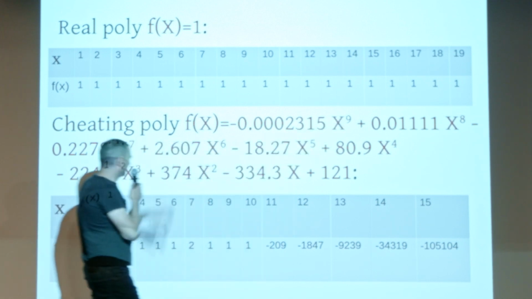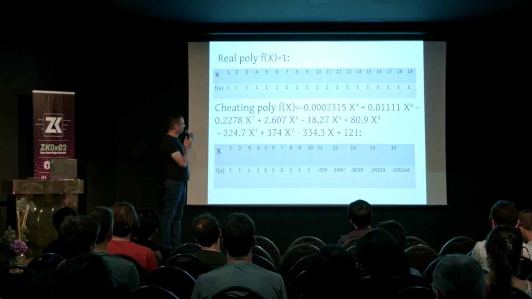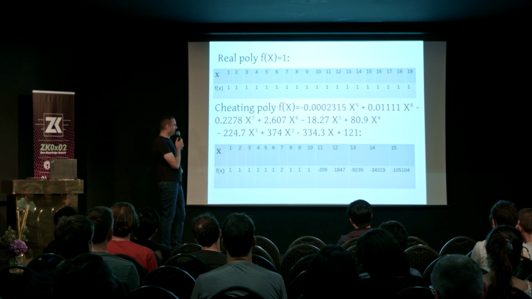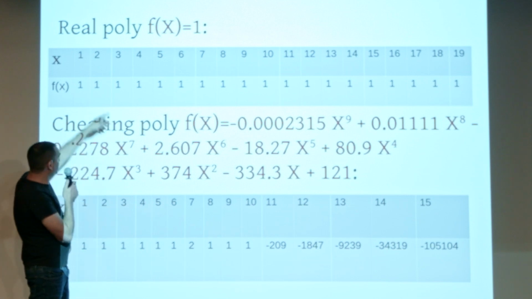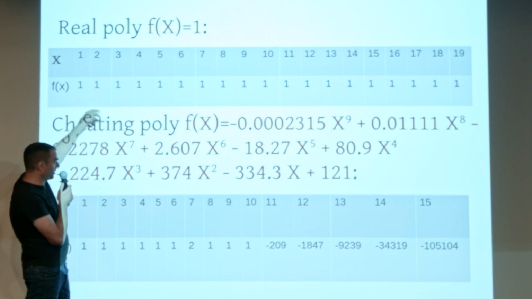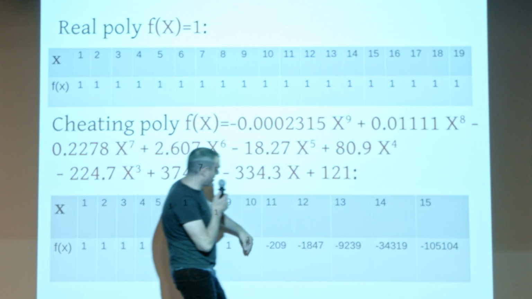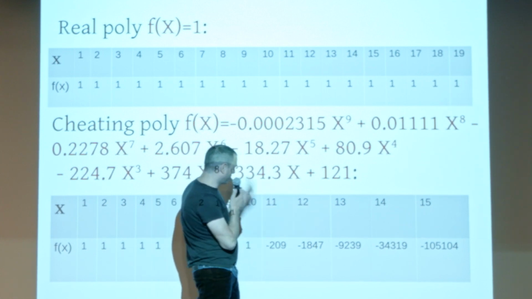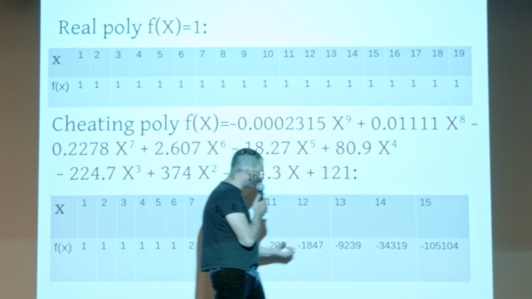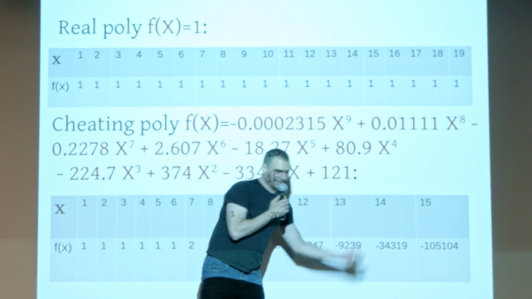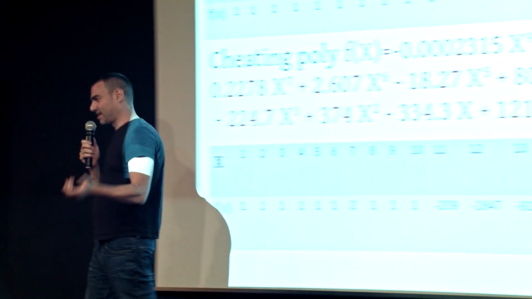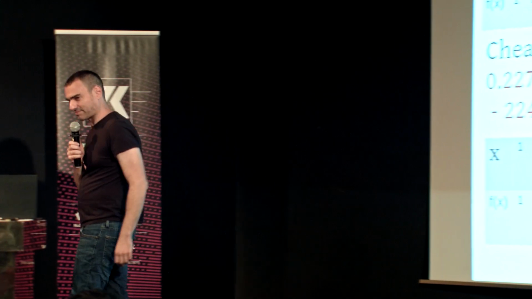And again, on the points 1 to 10, it's very close to the true thing. But the point is that now outside this range, the lie is going to become very clear. The values of this polynomial are going to be very, very, very different than the correct one.